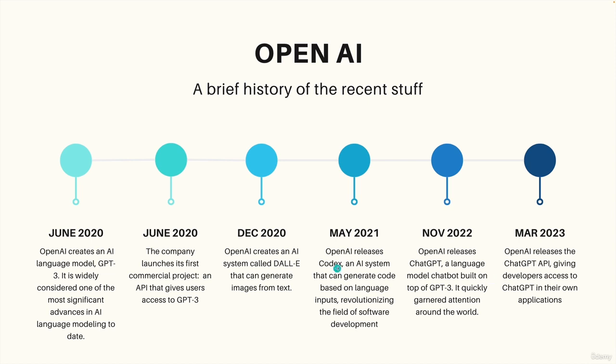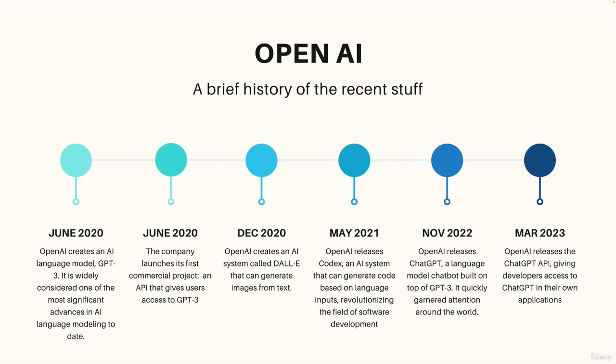And then also, I skipped over this, but in May of 2021, OpenAI released Codex, which is a model that works with code. It generates code based on text that we give it. However, it has been deprecated as of 2 weeks ago or so, and instead, we now can use GPT-4 to do the same sort of tasks. And we have a whole section in this course dedicated to code-related tasks with GPT-4.